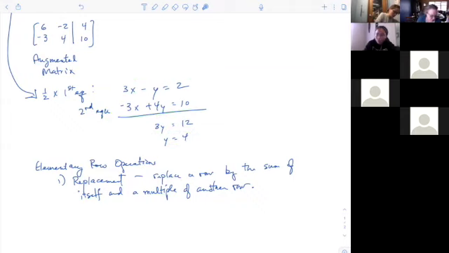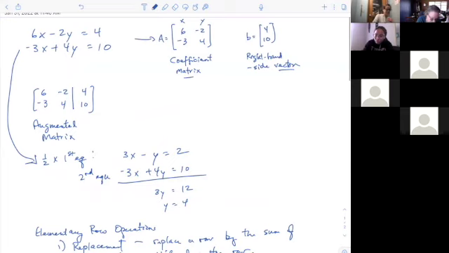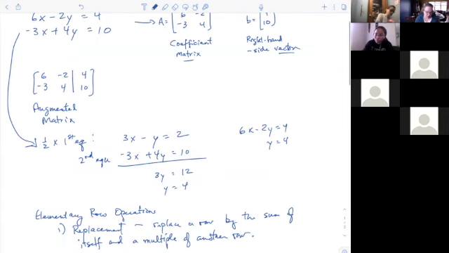So essentially at this point, my system looks like whatever it originally was, 6x minus 2y equals 4, and y equals 4. So think of this step of multiplying the first equation by half as doing it in your head.